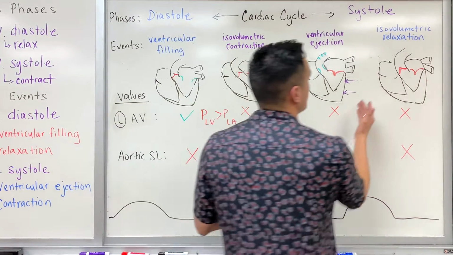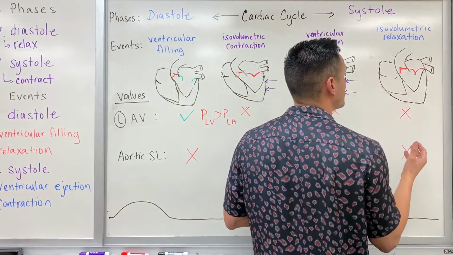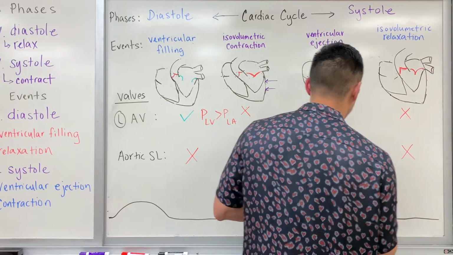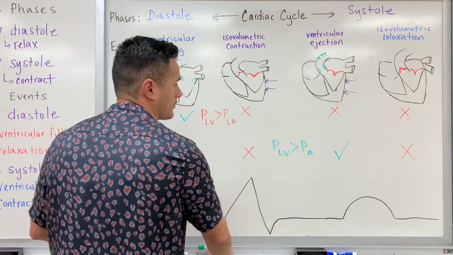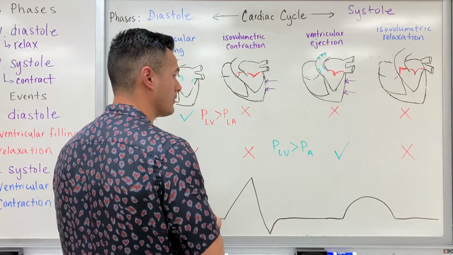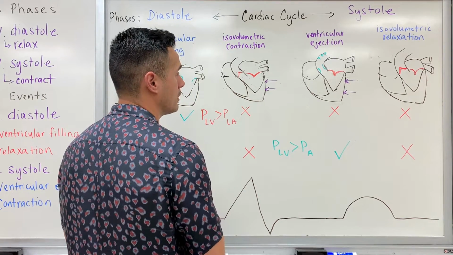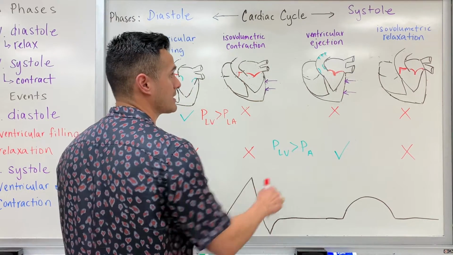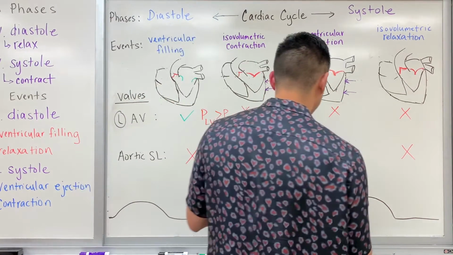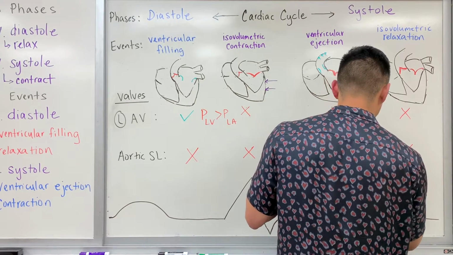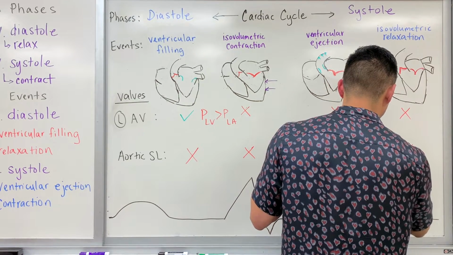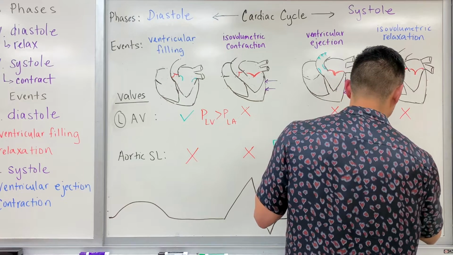So now we transition into isovolumetric relaxation. So how does this valve become closed? Well, for the aortic semilunar valve, which is right here, to close, the pressure in the aorta has to be greater than the pressure in the left ventricle.